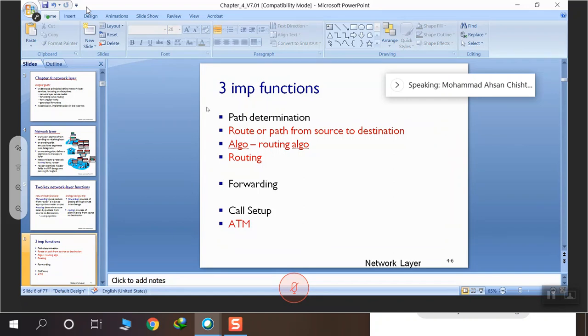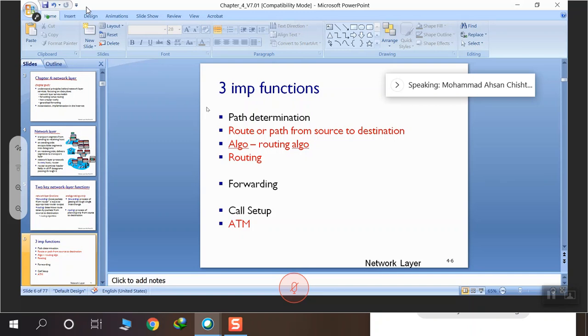If a question like that comes, you should keep in mind that the transport layer's connection oriented service is about TCP, that is the three-way handshake, which we are going to study. And the network layer's connection oriented service is the ATM architecture, in which a virtual circuit is created and call setup has to happen.